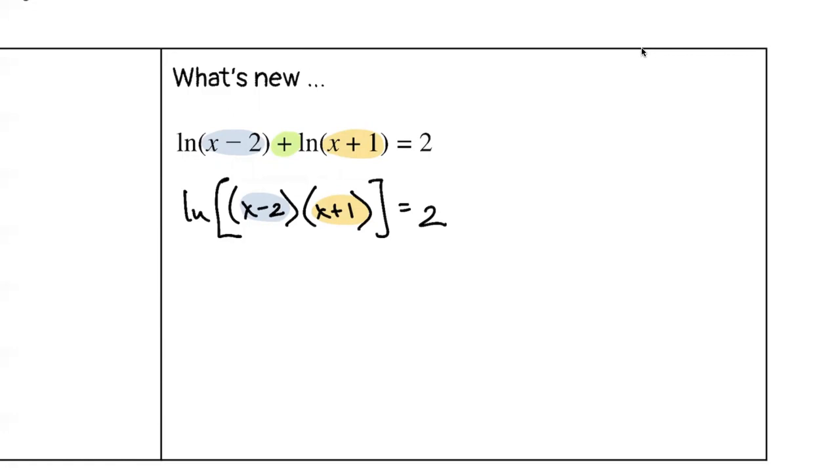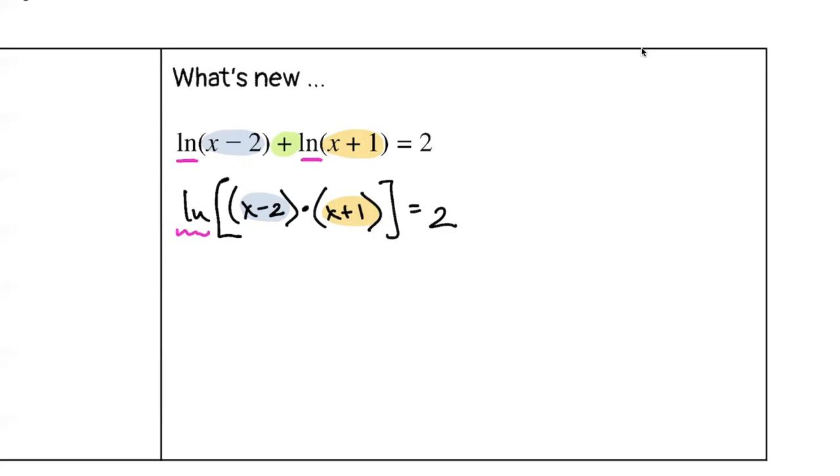Yeah, it actually became a multiplication, right? What else changed? There's one more thing that changed. Yeah, exactly. There used to be a natural log here and a natural log here, and now there's only a single one, okay?